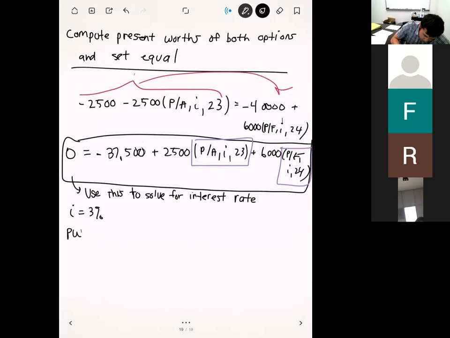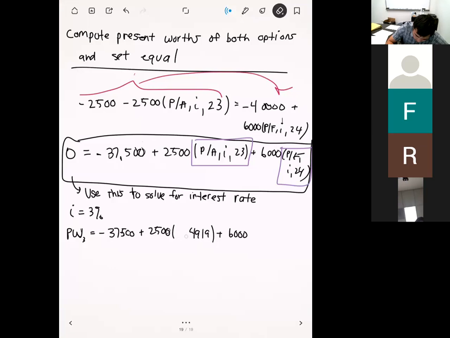And so we compute the present worth, PW3, and what we get is minus 37,500 plus 2,500 multiplied by that conversion factor. The conversion factor P over A for i equal to 3% and 23 months is 0.4919, plus 6,000 times that conversion factor. Oh, I'm sorry, I mixed these up.